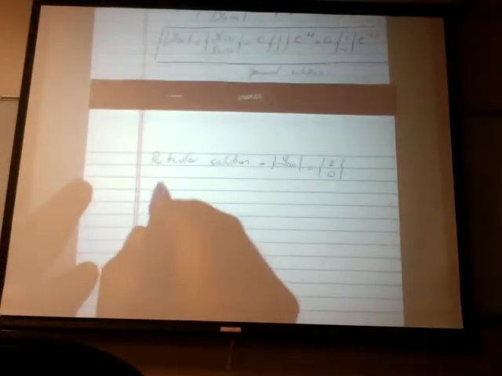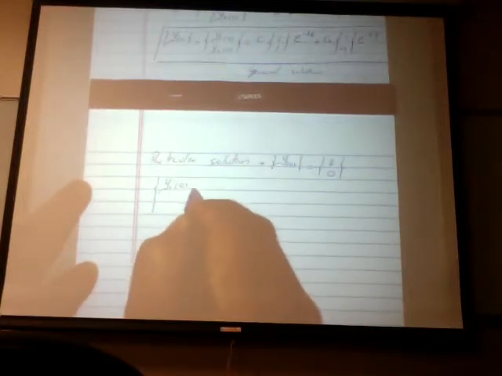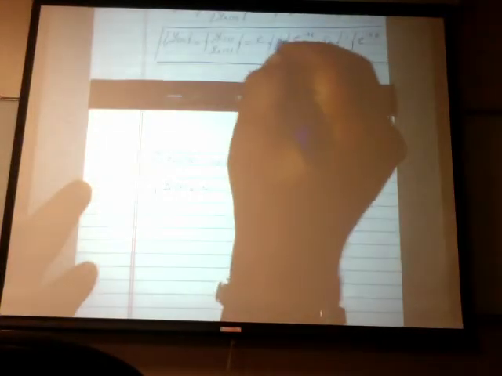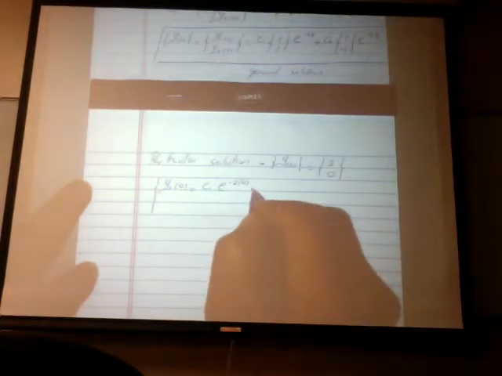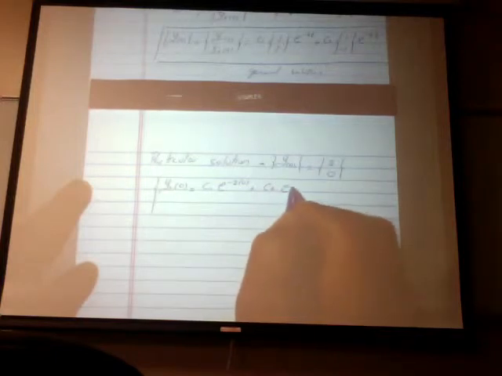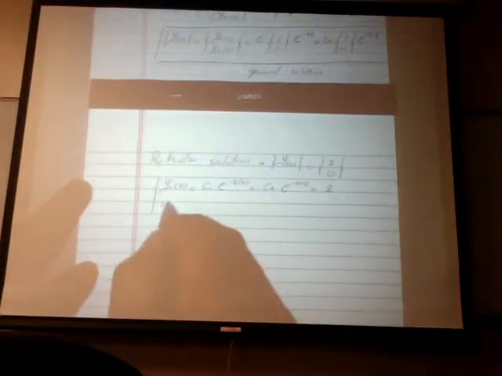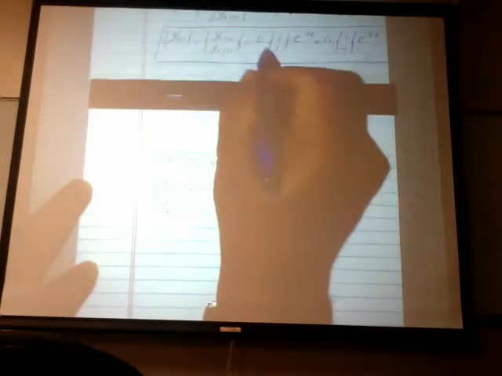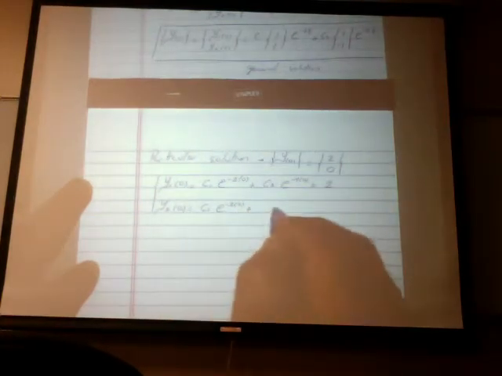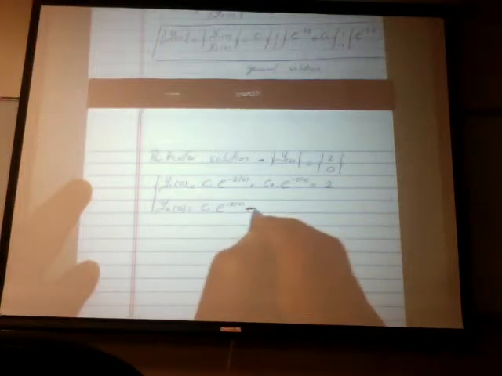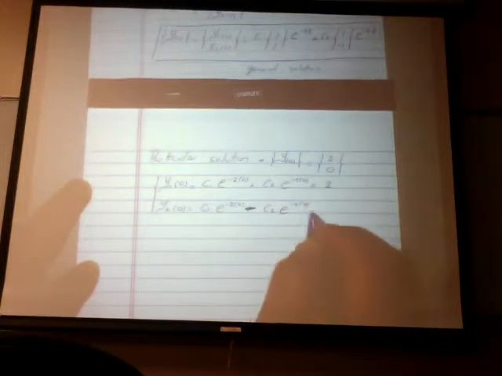That means that y1 of 0 is equal to c1 times 1 times e to the minus 2 times 0 plus c2 times e to the minus 4 times 0, and that would be equal to 2. And y2 of 0 is equal to c1 times 1 times e to the minus 2 times 0, plus c2 times minus 1, e to the minus 4 times 0, is equal to 0.